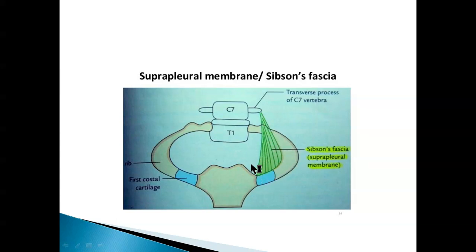Here somewhere would be the apex of the lung, and your subclavian vessels would be here somewhere, imagining your clavicle coming like this. So the subclavian vessels would be separated from the apex of the lung by your Simpson's fascia and the parietal pleura. All right.